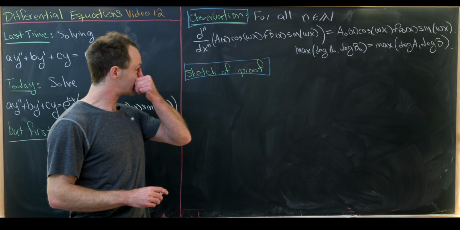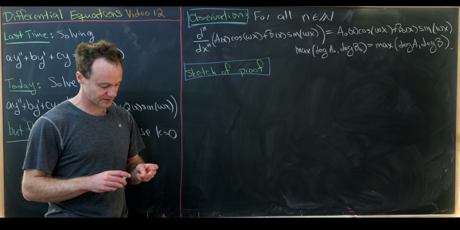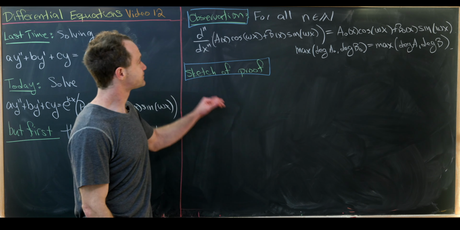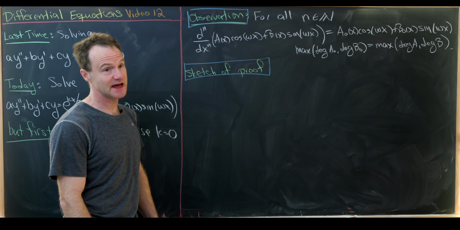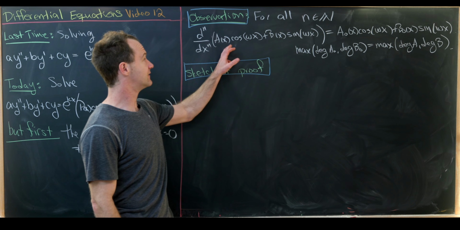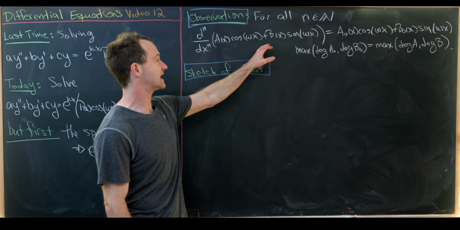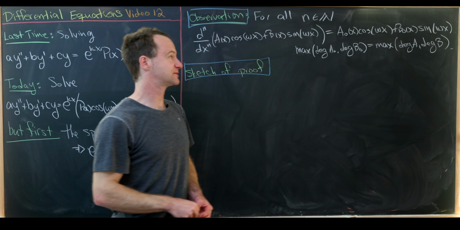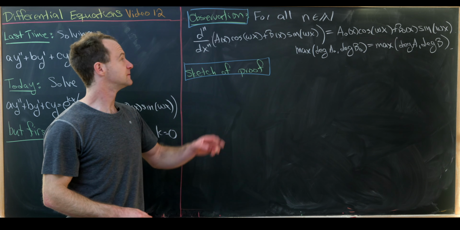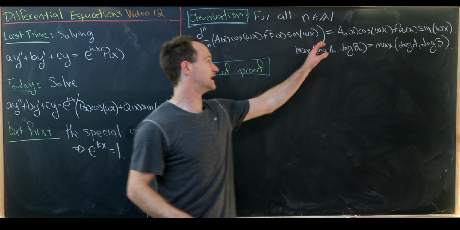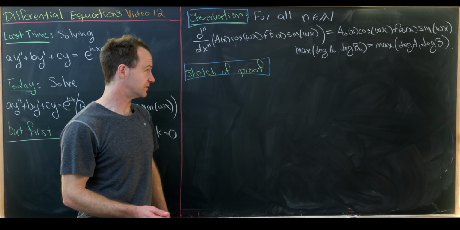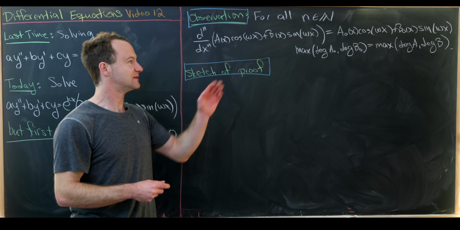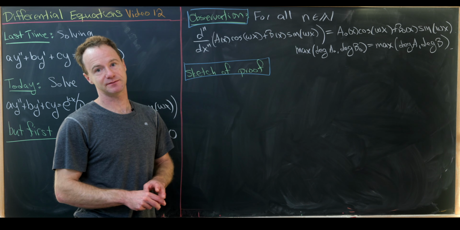So let's maybe start with the following observation, which we'll sketch a proof of, and that'll set up a solution strategy for solving these kinds of things. And that says, for all natural numbers n, the nth derivative of a of x cosine omega x plus b of x sine omega x is of the form a naught x cosine omega x plus b naught x sine omega x, where a and b are polynomials and a naught and b naught are different polynomials, where the maximum of the degree of a naught and b naught is the same thing as the maximum of the degree of a and b.